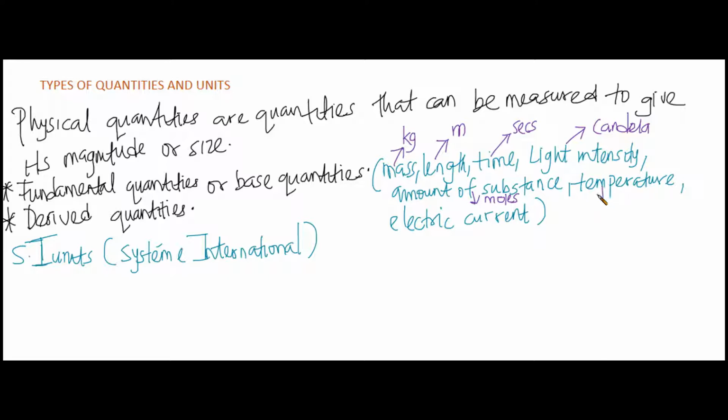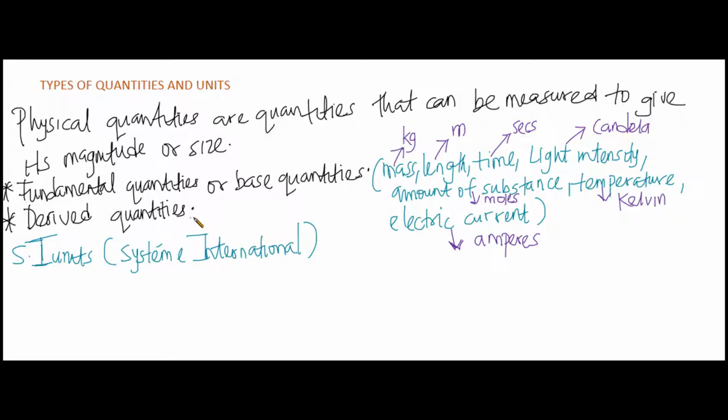Temperature, the unit is Kelvin. And electric current, the unit is amperes. So for each of these fundamental or base quantities, these are their standard units, or the SI unit.